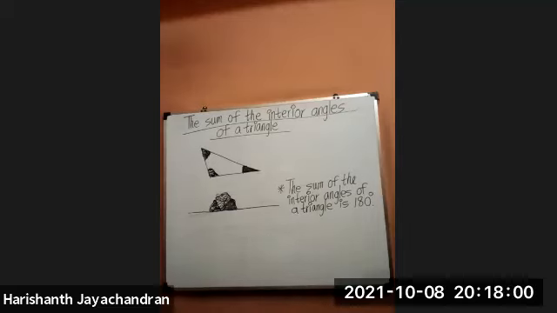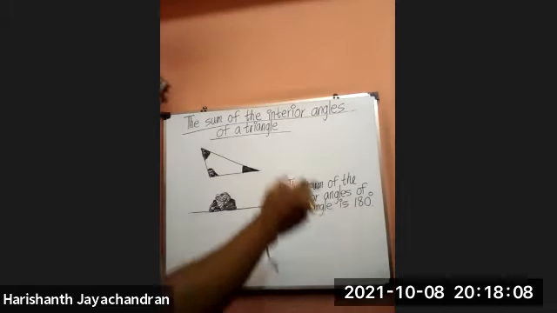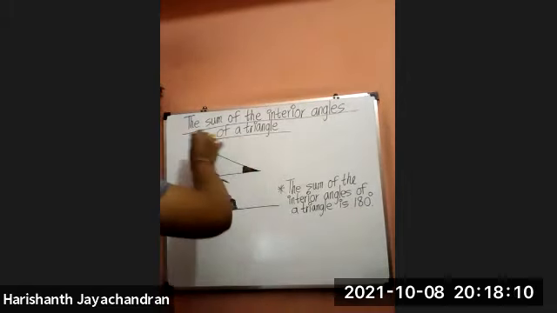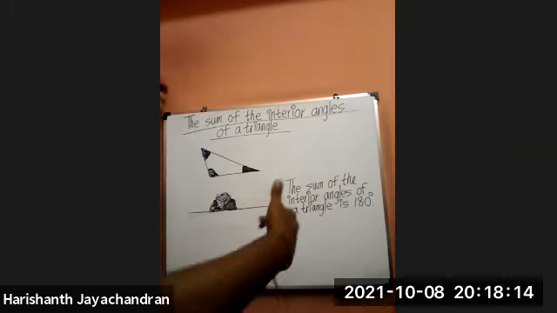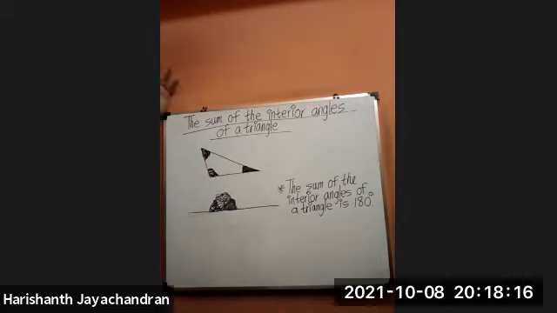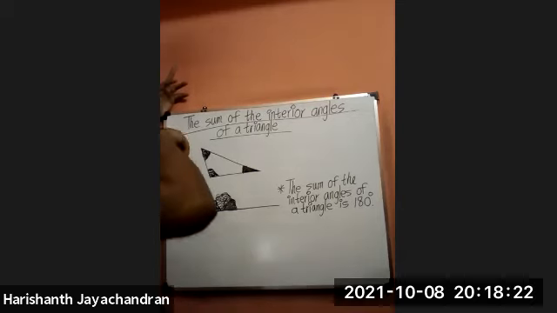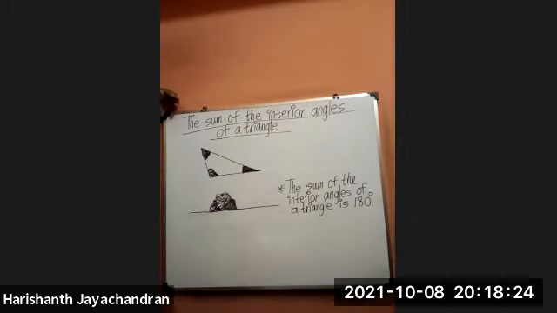Now, based on this, we're going to do a few questions, and also some of you have asked me that it's not very clear. I will repeat that part again. Draw a triangle on an A4 sheet, or on a foolscap paper, or in your exercise book, or even on a bristle board.